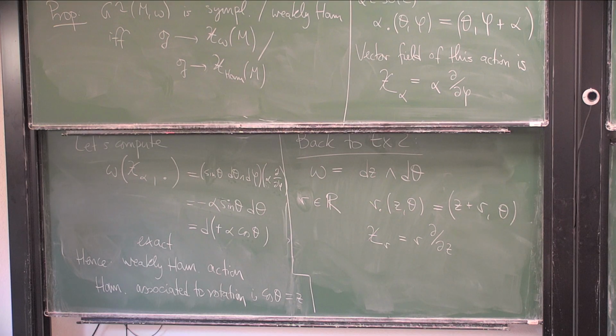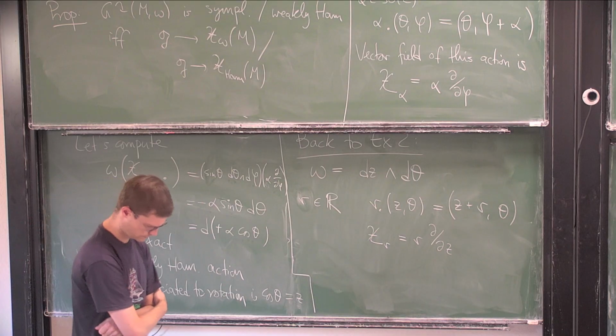No, I want to comment on the question, because I think that when there is a circle that shrinks, then the interior product with the generator of that circle must vanish at the point where the circle shrinks. In that case, that doesn't happen, because with minus cosine theta d phi, if we take the interior product with the vector field of phi, we get minus cosine theta, which is non-zero at the poles.